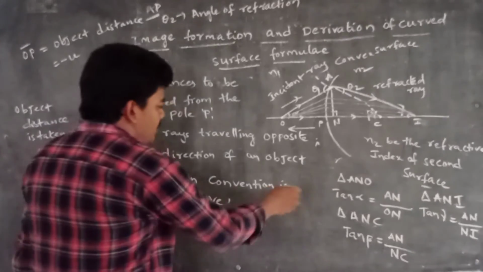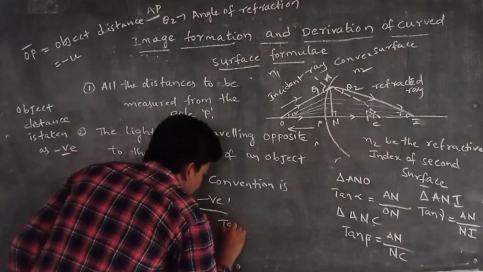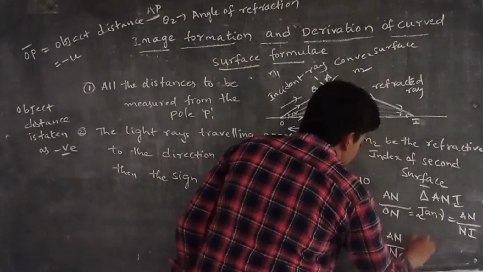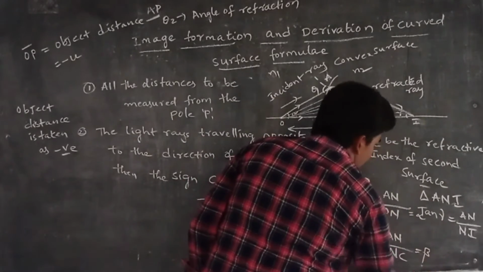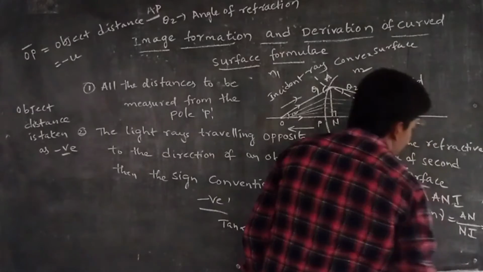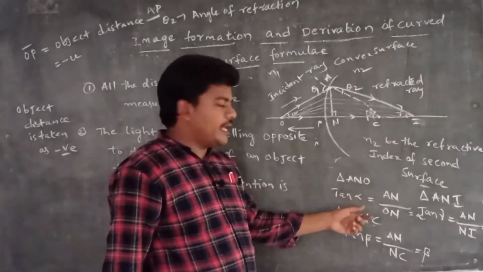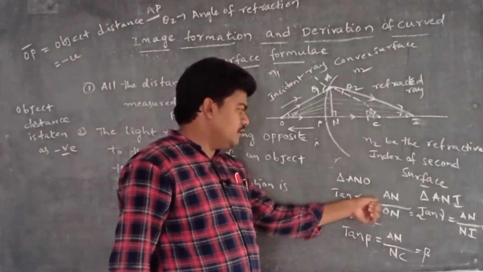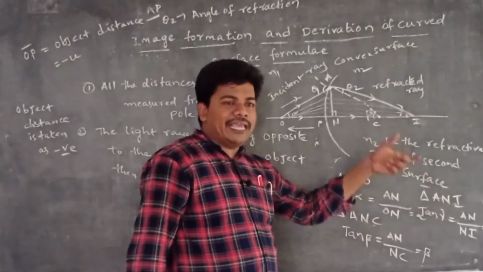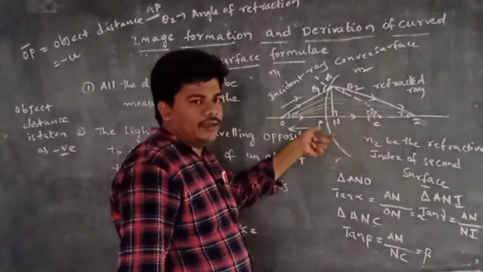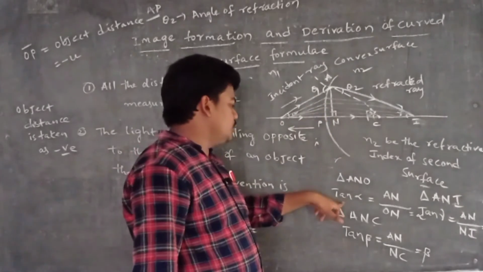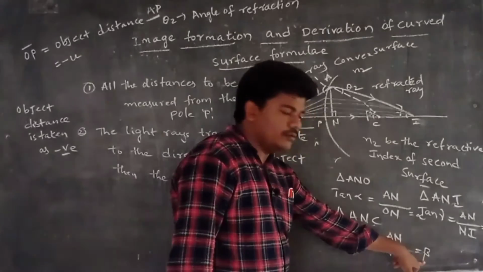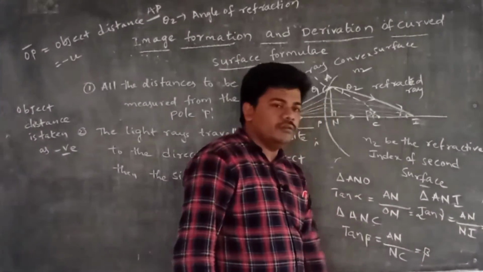In these values, this angle becomes alpha, this becomes beta, and this becomes gamma. For the smallest angle, for example, tan 0, what is the value of tan 0? It is 0. The angle becomes very small, so tan alpha is equal to alpha, tan beta is equal to beta, tan gamma is equal to gamma.